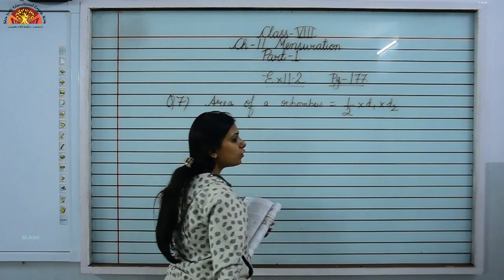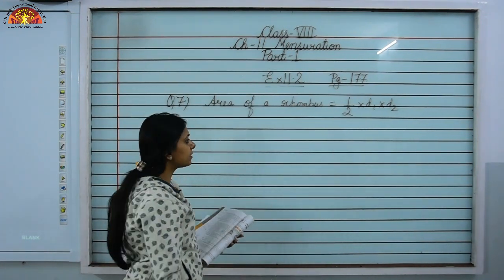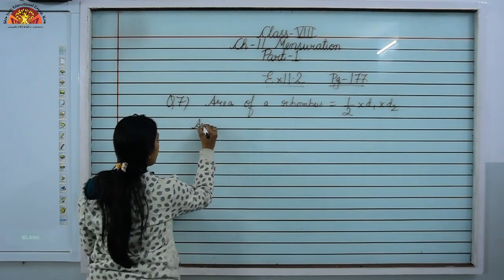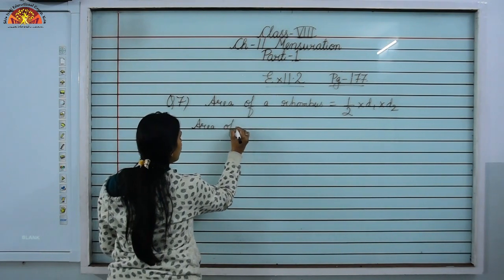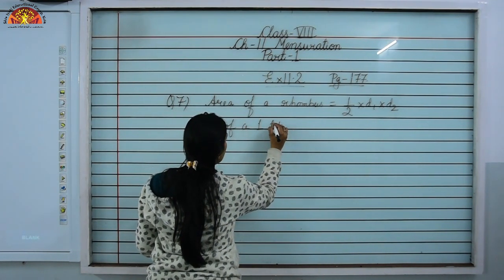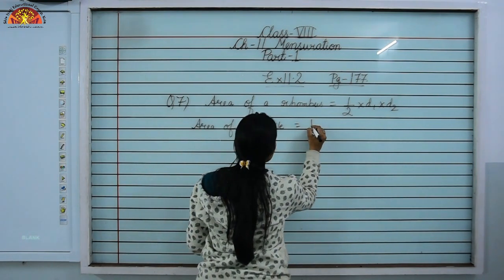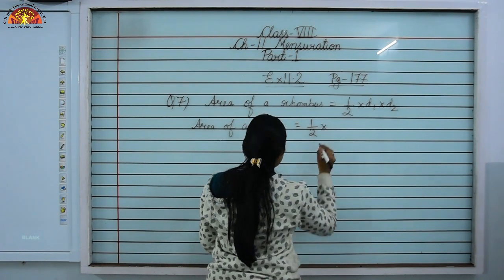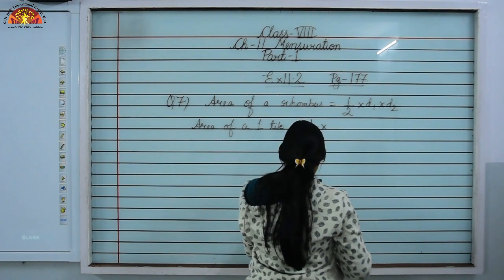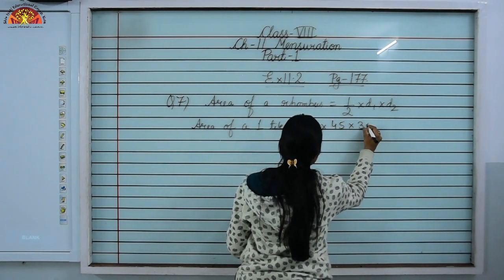So we can find the area of one tile which is in the shape of a rhombus, which equals half into d1 into d2. It is given the diagonals are 45 and 30 centimeter.